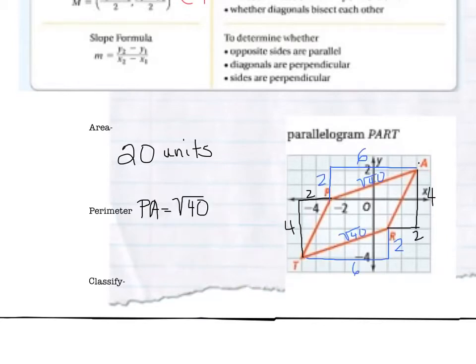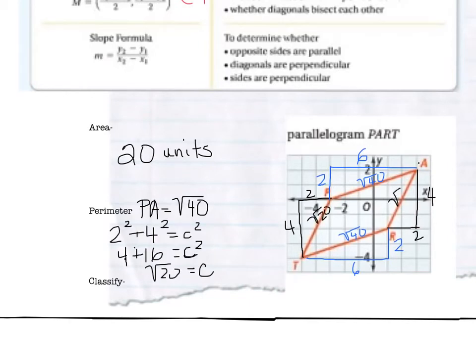Now, if you go through the problem, you'll see that PA turns out to be the same side as TR because both of these have a length of 6 and 2. So when you use the Pythagorean theorem, you find that these are both radical 40 and radical 40. The same thing is going to be true for AR and PT. 4 by 2, we're going to find that the length of this side, AR, turns out to be radical 20.